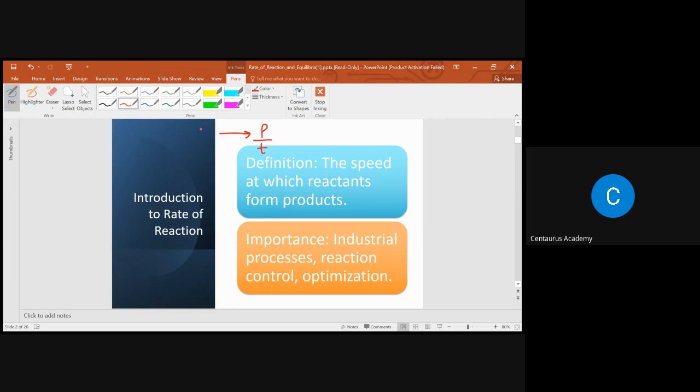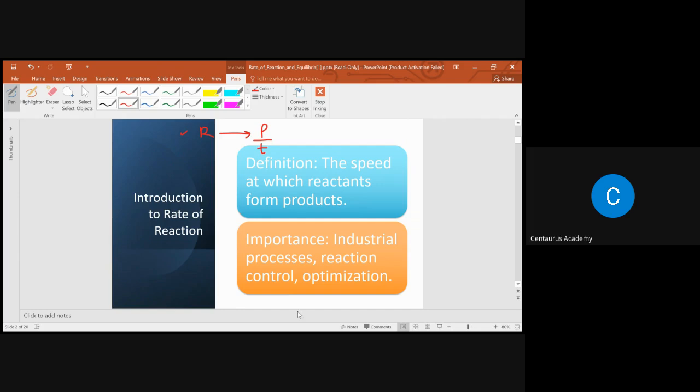I told you that the rate of reaction is basically the speed of that particular reaction, where the reactants are going to react with each other over a certain period of time and the new products will be formed. So the mass of the product which is achieved and the reactant mass which is lost over that certain period of time is going to be the rate of that particular reaction.